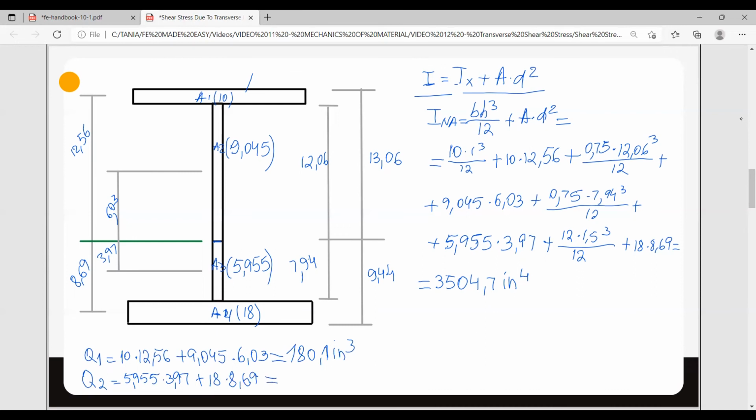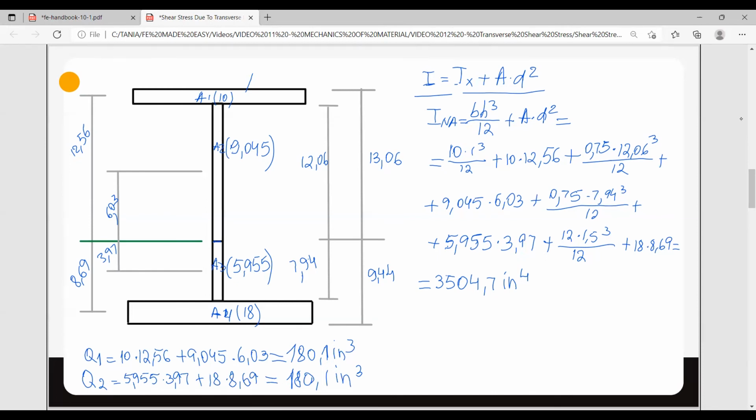We have 5.955, 3.97 multiply, 18, 8.69 multiply, plus. Again, I'm getting 180.1. All right, so we just verified that the moments of area are the same. I just wanted to point out that they should be the same. If they're not, then there's probably a mistake somewhere.